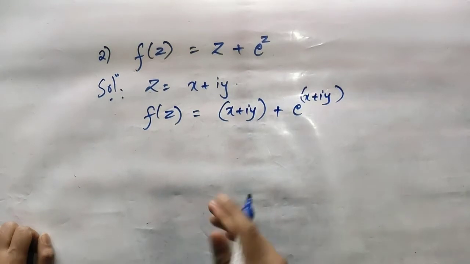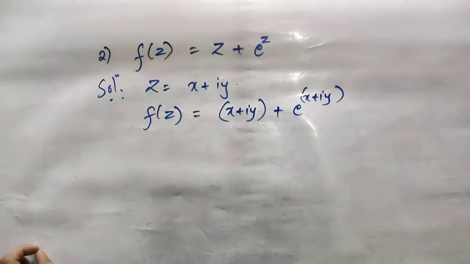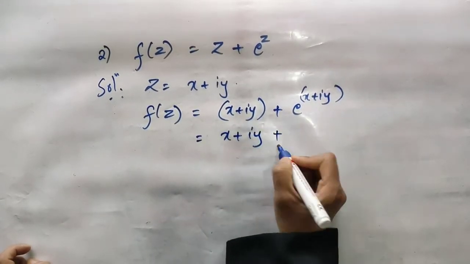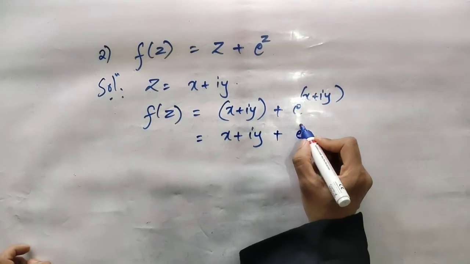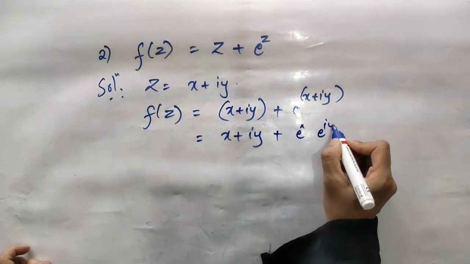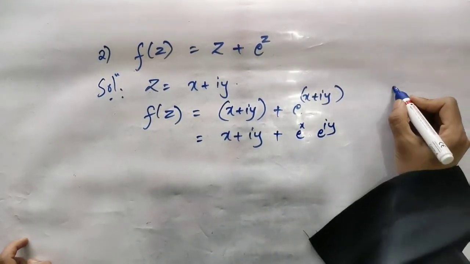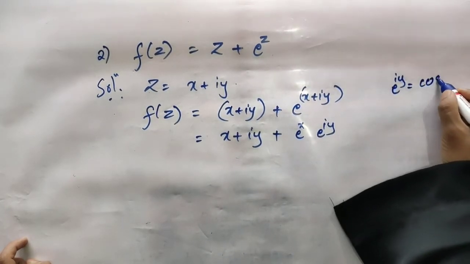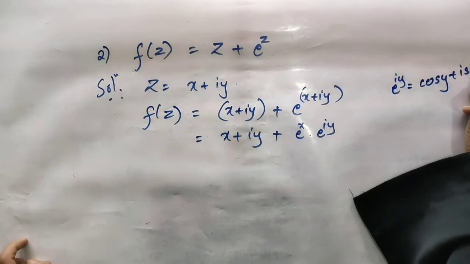Now all we do is try to separate the real and imaginary parts, nothing else. So x plus iy aside, we can't do anything further for this, but e to the power x plus iy can be written as e to power x into e to power iy. Now what is e to the power iy? By Euler's formula, we know it is cos y plus i sin y.